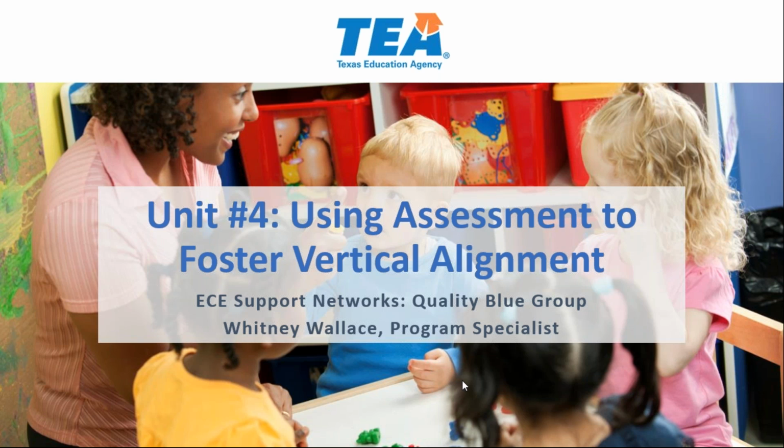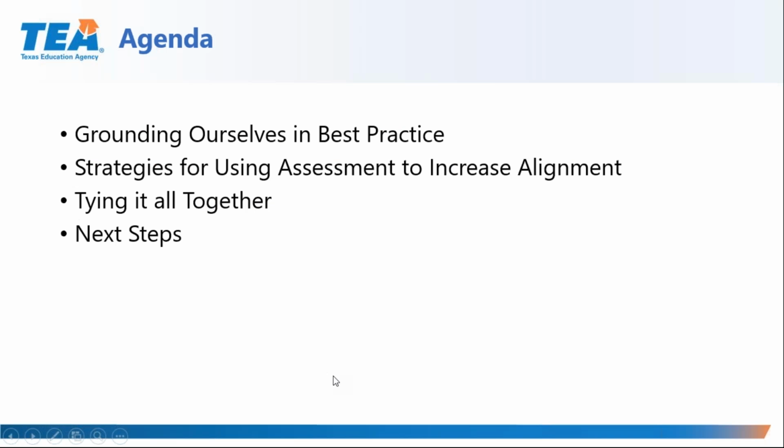All right, so for our Unit 4, we are going to be focusing on using assessment to foster alignment. It's a topic I am very interested in, and I hope that you all enjoy it as well. So to begin, we're going to talk through our agenda very quickly. So first, we will ground ourselves in best practice, and we will use the developmentally appropriate position statement and a program self-assessment.